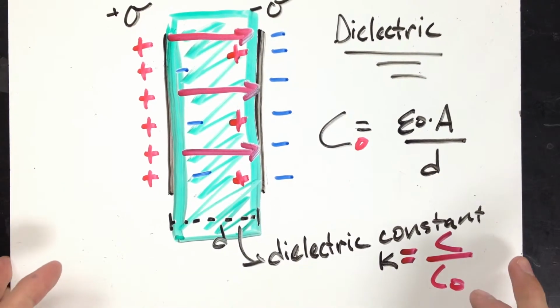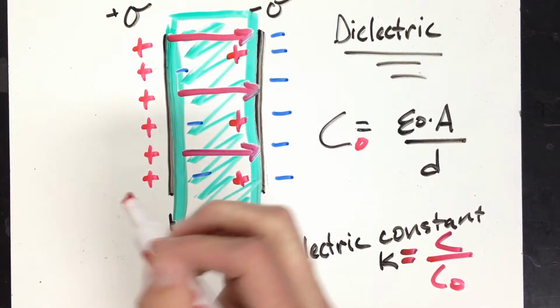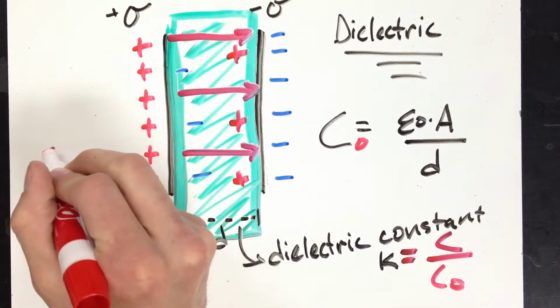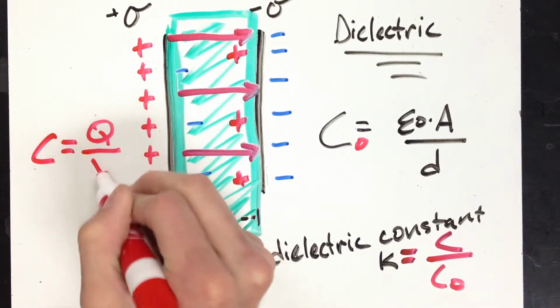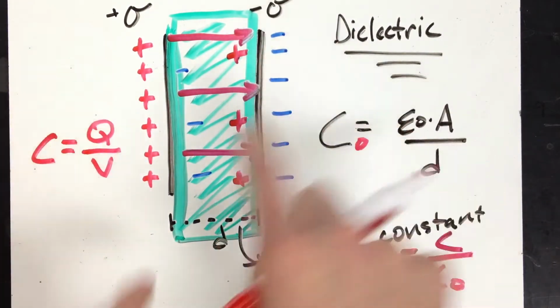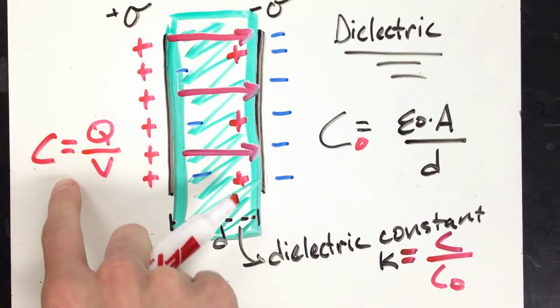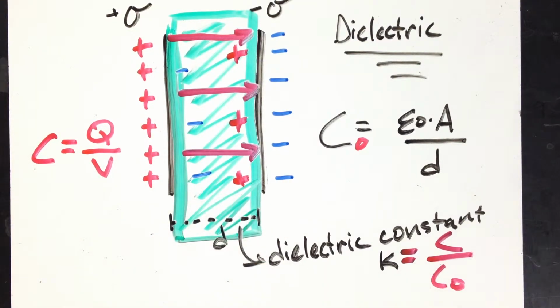Now if my capacitance changes and charge remains the same, remember that capacitance is equal to charge over the voltage. Now the charge remained constant, but if my capacitance changes, so does my voltage. And we can use that to solve for relationships.